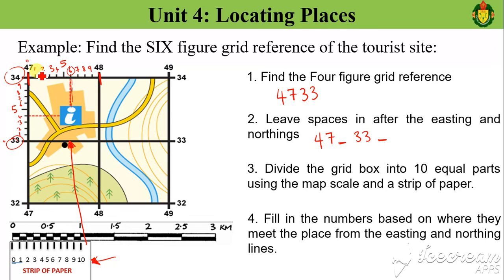So in this case, it's basically saying to us this is 47 quote unquote 0.6, something like that, but you're not going to use decimal for grid reference. You just put the number, and then for the northern, this is what, 4. So like you're saying, it's 33.4, but you're not going to use a point. You're just going to put the number. And that is how you get your 6-figure grid reference.